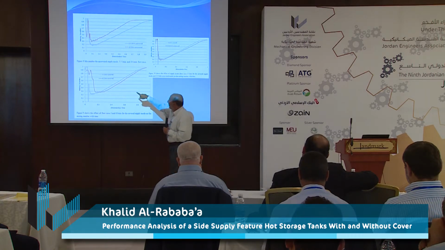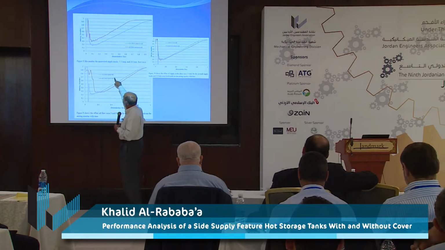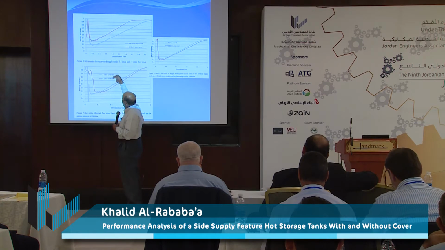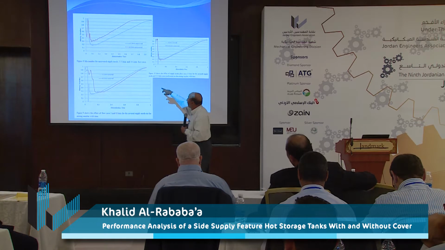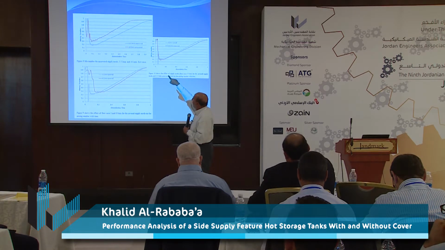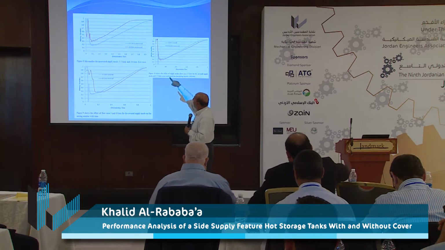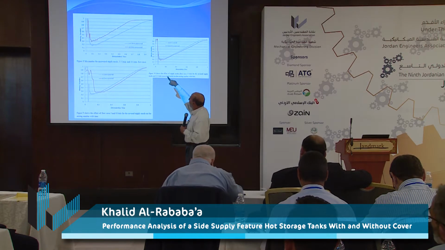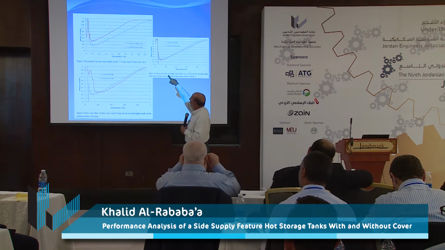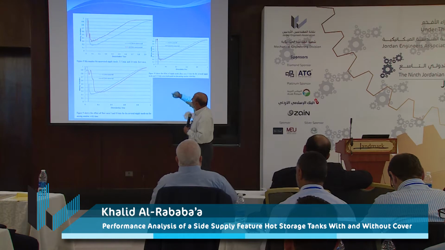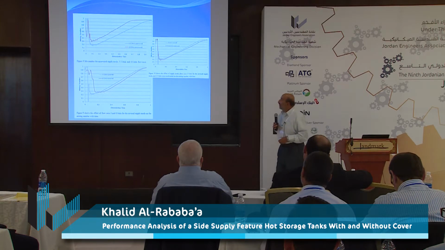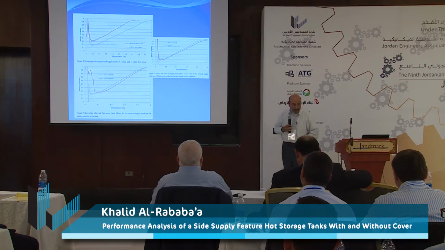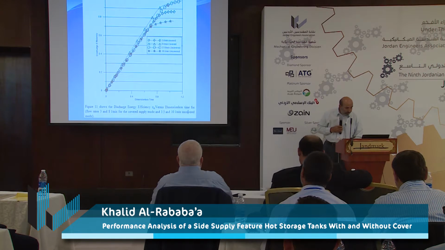We can observe right here for the covered flow rate, even low flow and high flow rate, the mixing number is almost the same, but there is a notable difference between the uncovered and low flow rate. You can see the difference between the mixing numbers, and it shows that the mixing number is higher for 10 liters per minute, the uncovered mode.